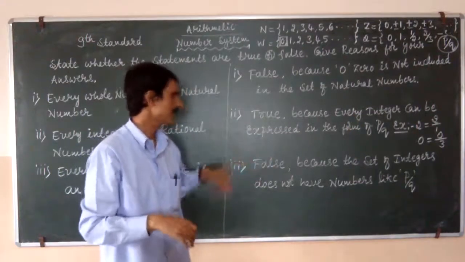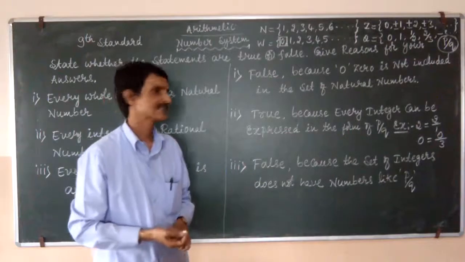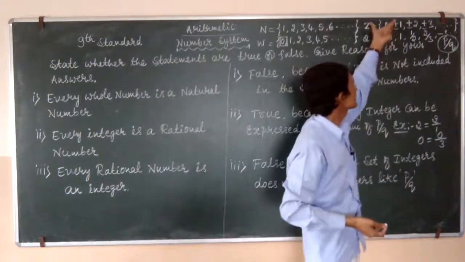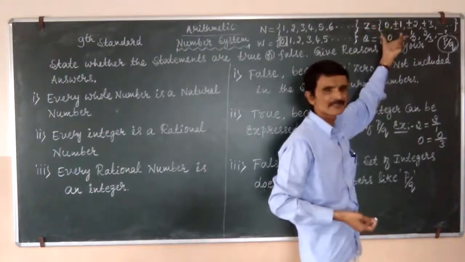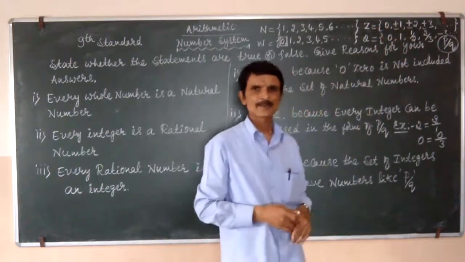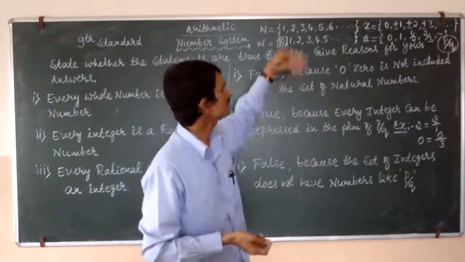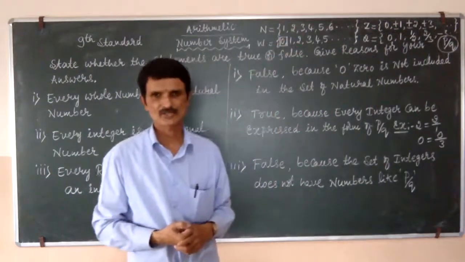This statement also shows that all the integers are rational numbers, but all the rational numbers are not integers.